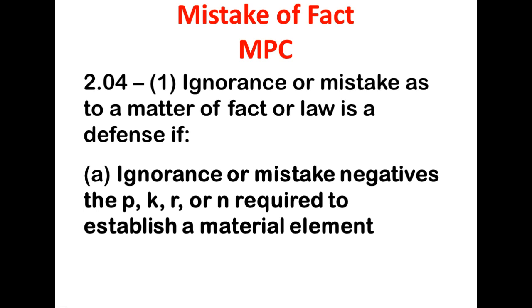So does the ignorance or mistake negative the purpose, knowing, recklessness, or negligence required to establish a material element? So here the inquiry is directly into what is required for the culpability.